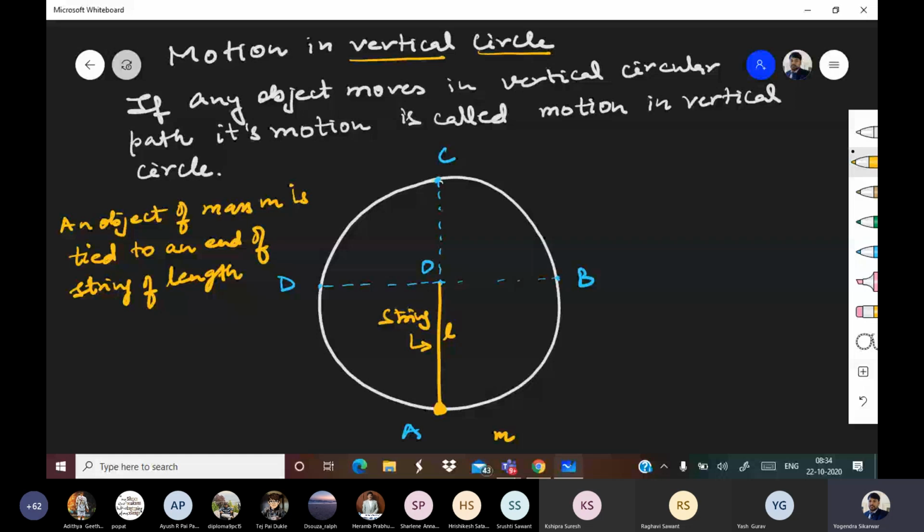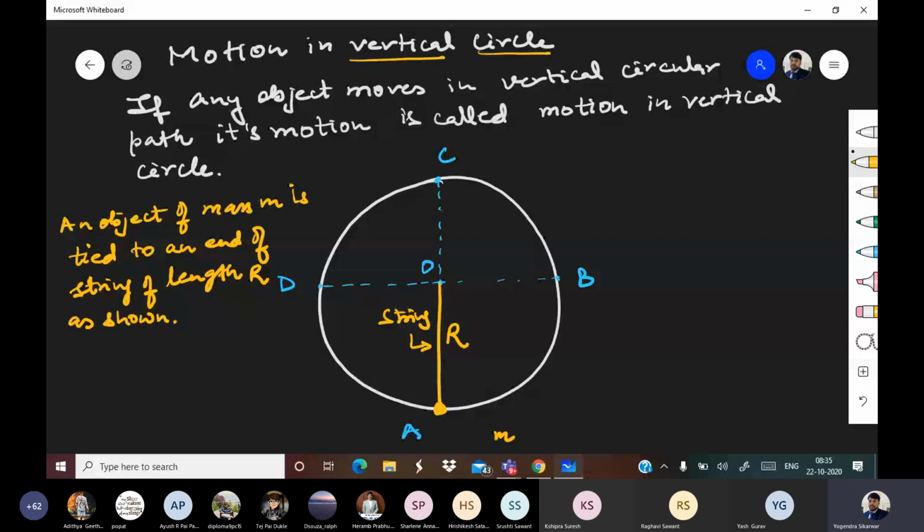Let us take R. That will help you in memorizing the formula in the long term. So an object of mass m is tied to an end of a string of length R, as shown.